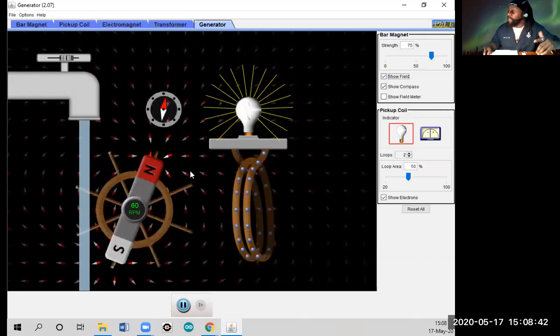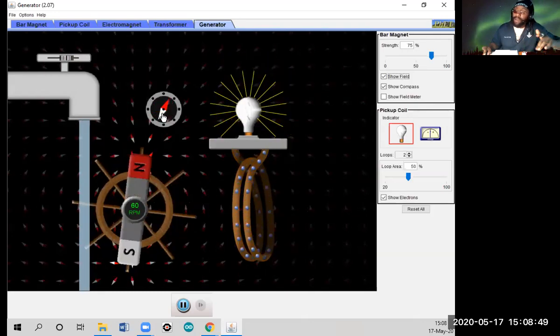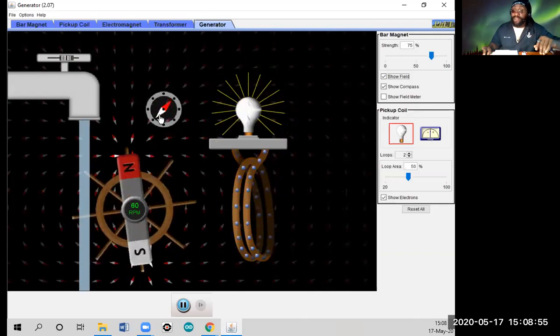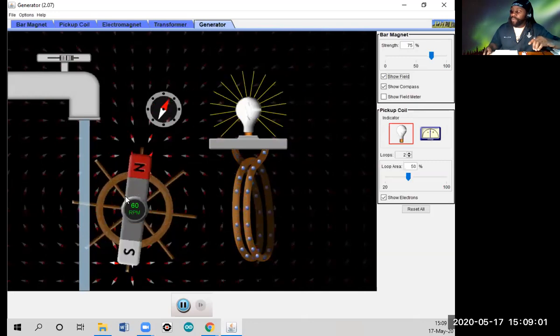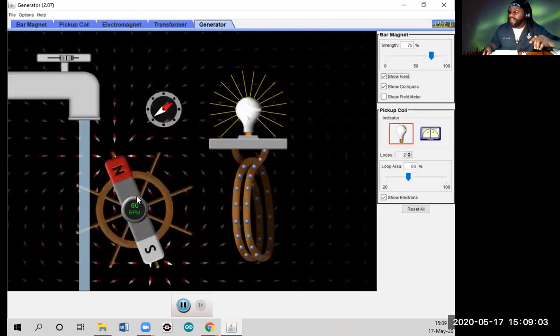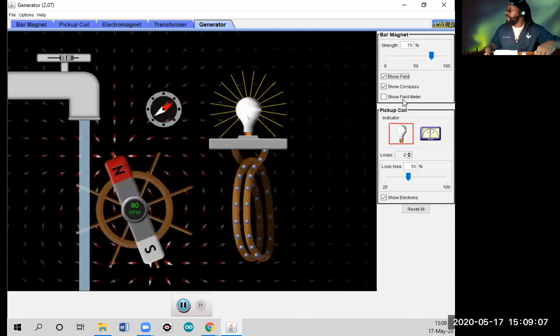Now, if you pay attention, you should see all the diamonds in the background, right? And these diamonds, these red and gray angles or sections of a diamond, they're rotating just like this wheel. And there's a magnet attached to this rotating wheel. So it's constantly changing the environment, which is the magnetic field around it.